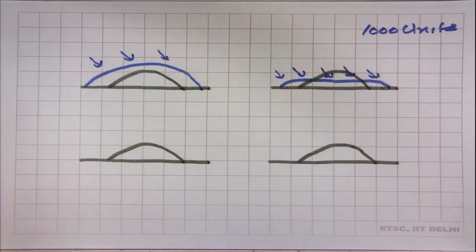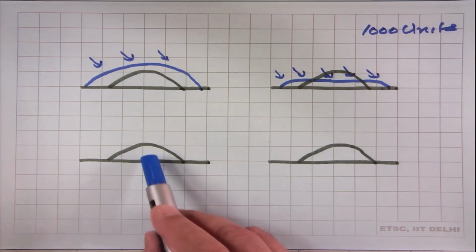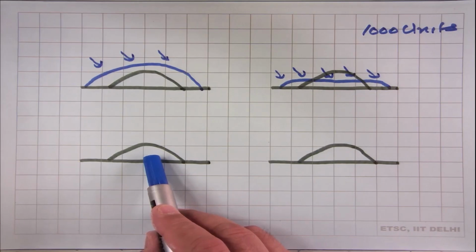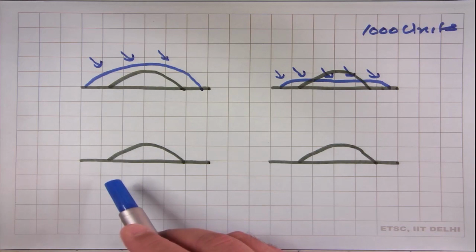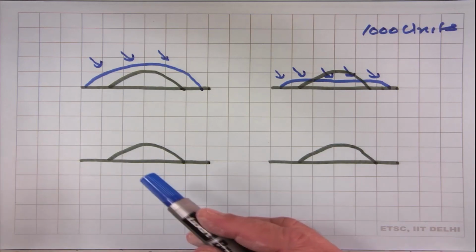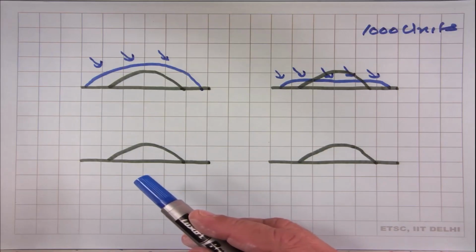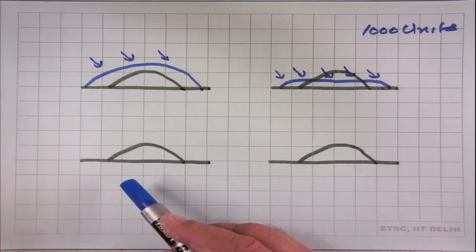I have 2 waste dumps of the same size, same shape. Which source is going to give me more trouble? Well, the question is this: is it in Rajasthan or is it in Bombay? If it's in Rajasthan, the total water which is going to fall on it is very less, because Rajasthan is an arid area. It doesn't get a lot of rain. If it's in Bombay, it's going to get more rain.